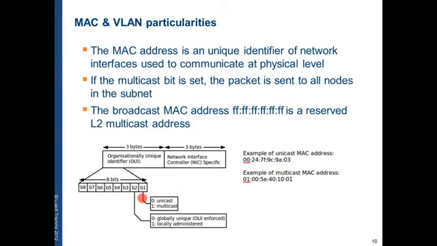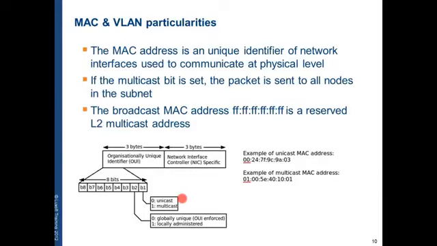While if it's set to 0, it means it's a unicast packet, and additional checks will be made to see to whom we have to transmit this packet. Because of this differentiation, we define layer 2 multicast address and unicast address.